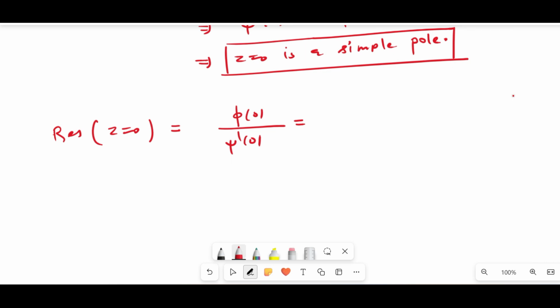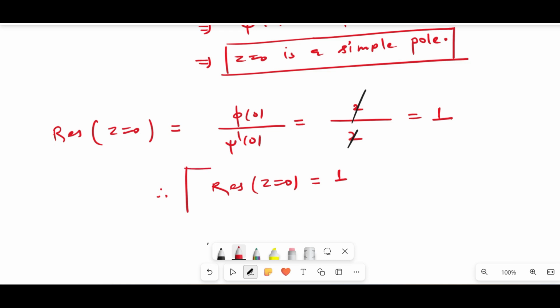So phi of 0 is 2, and psi dash of 0 is 2. The 2s cancel out, and this value is equal to 1. So the value of the residue at z is equal to 0 is equal to 1, and this is our required answer.